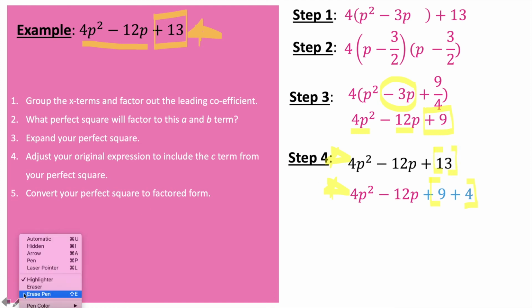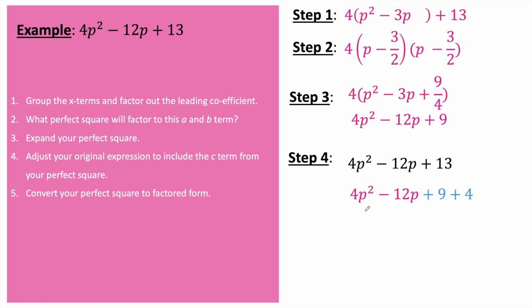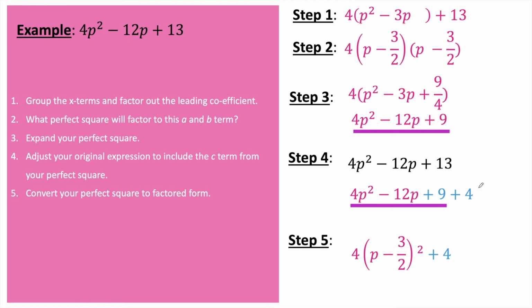However, now I have my standard form of my perfect square, 4p squared minus 12p plus 9, included in my original expression. So I can convert that perfect square to factored form. Notice again that all I did to my original expression, which is here in black, was change my constant 13 to 9 plus 4, then convert the standard form of my perfect square, which I calculated in step 3, to the factored form.